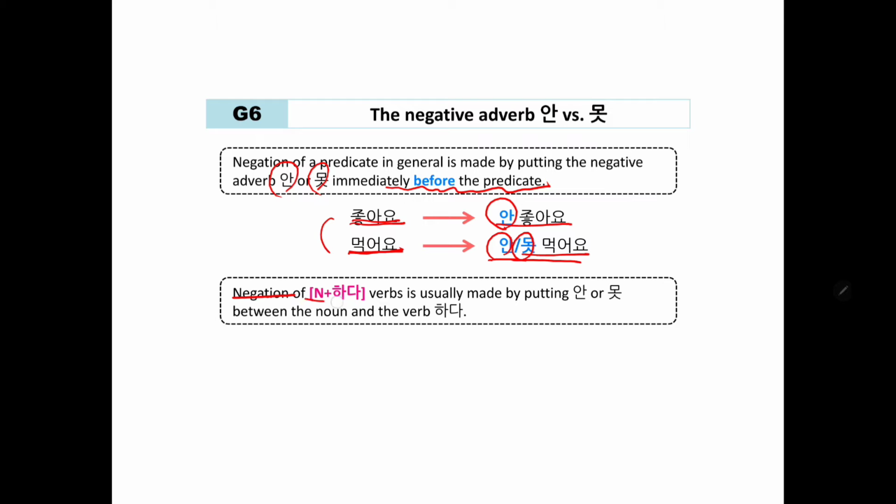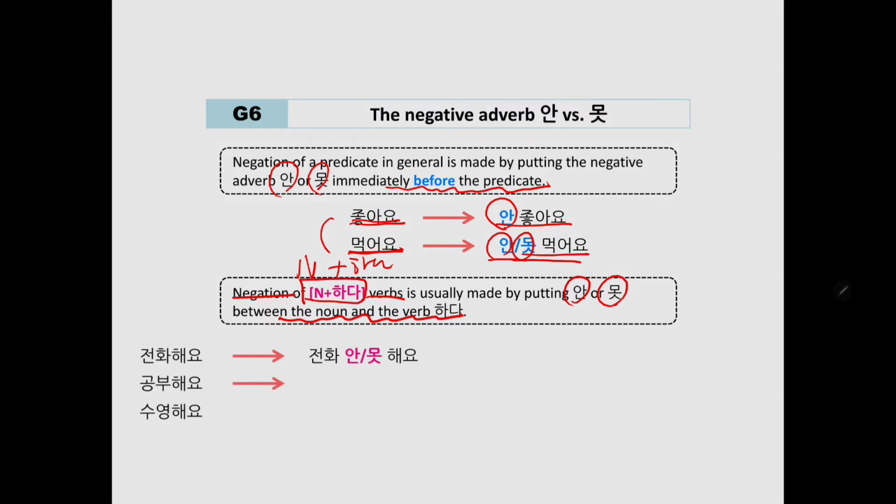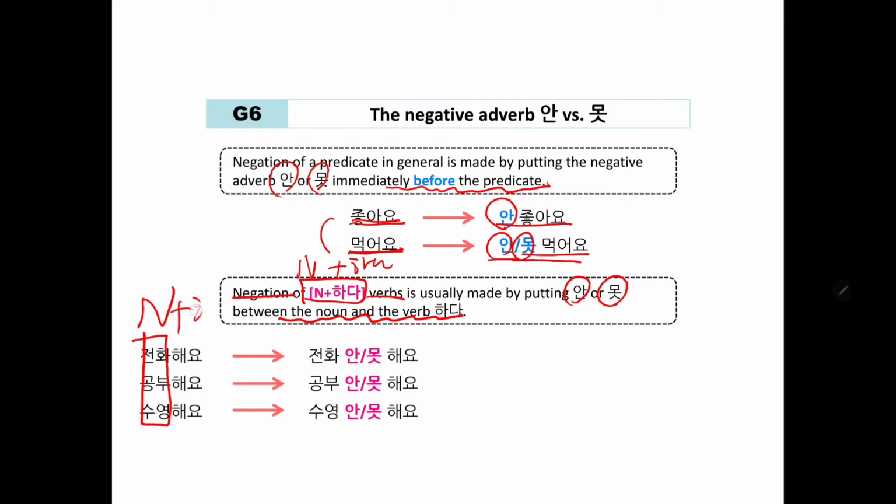Negation of this form of verb, which is formed by noun plus 하다, is usually made by putting 안 or 못 between the noun and the verb 하다. Okay, let's look at these predicates. So here, 전화, 공부, 수영 are all nouns, and 하다 is following, right?